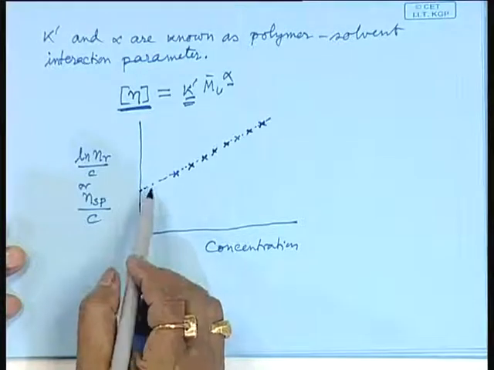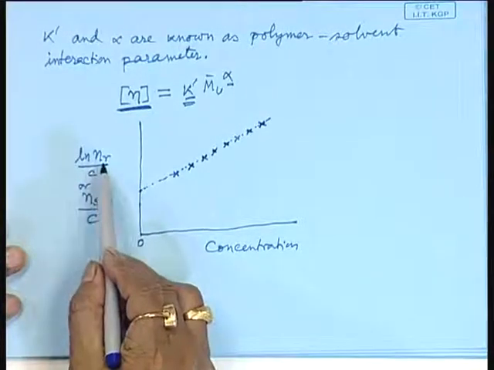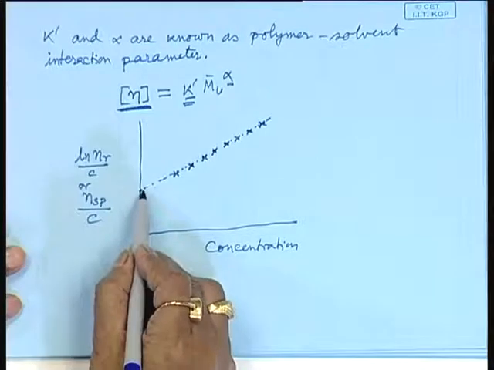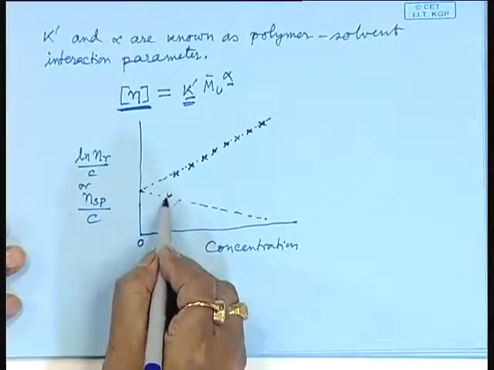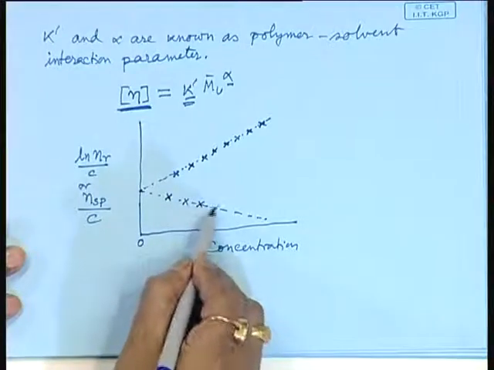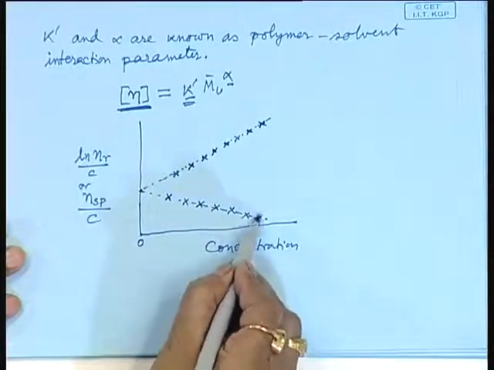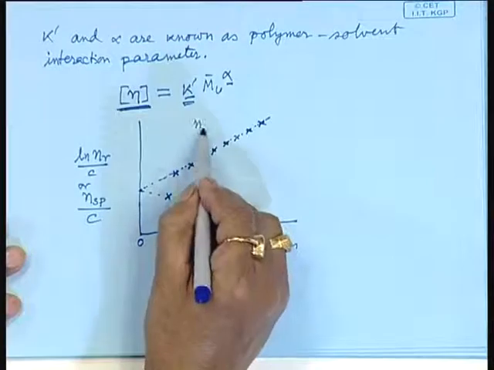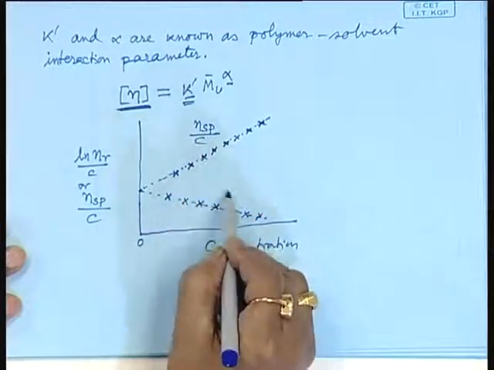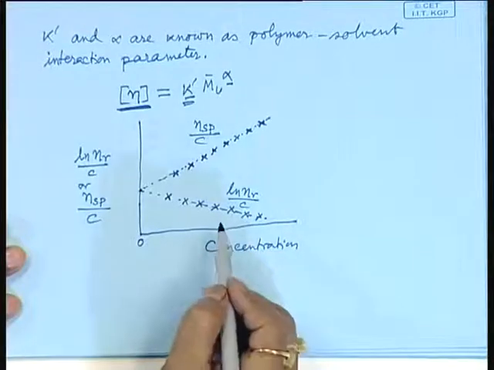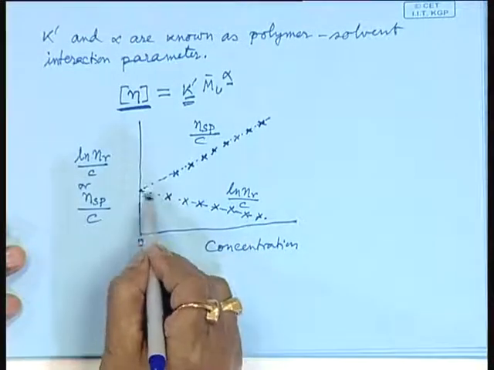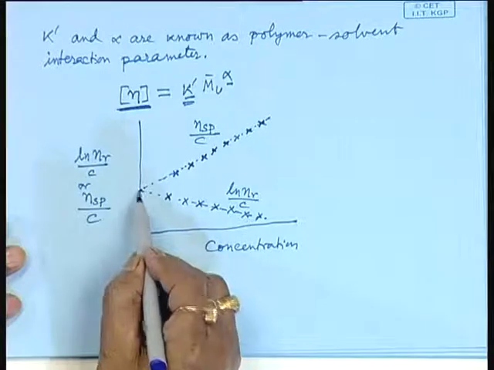If you plot ln eta relative by C, it can show you a relation like this. So, this is eta specific by C, this is ln eta relative by C, and you are extrapolating to the y axis.